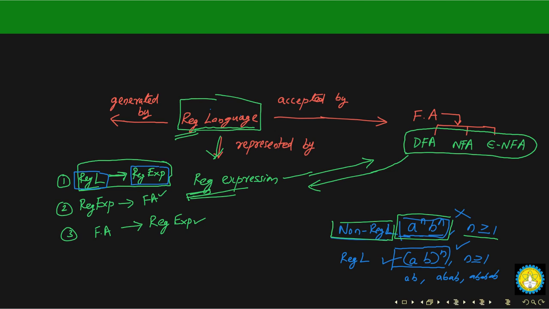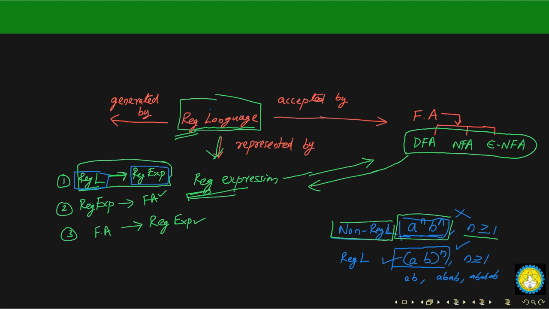It's the same with the case of FAs. We have already seen that for a given regular language, a DFA can be drawn in different ways. There is nothing unique about a DFA. So given a regular language, you can draw multiple DFAs to accept the same. This is also applicable for regular expressions. You can come up with different regular expressions, all of them representing that regular language.